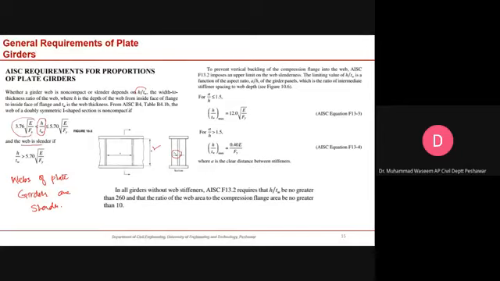If you go to the manual, this section says that this shape is a doubly symmetric section. If I make this section with flanges of different widths, it is not a doubly symmetric section. For this the requirements are different.